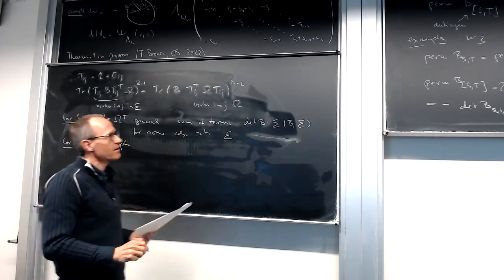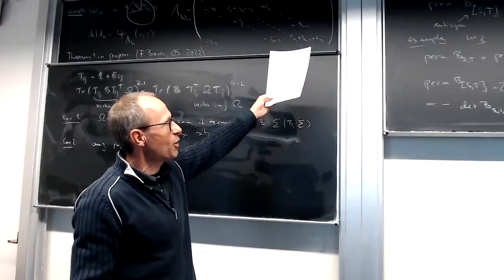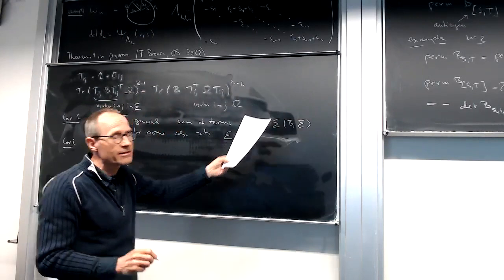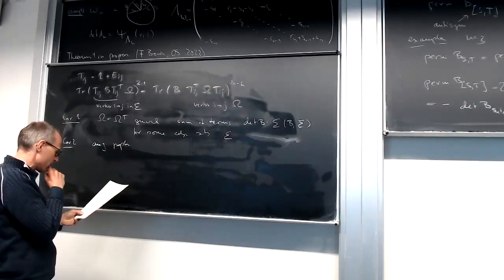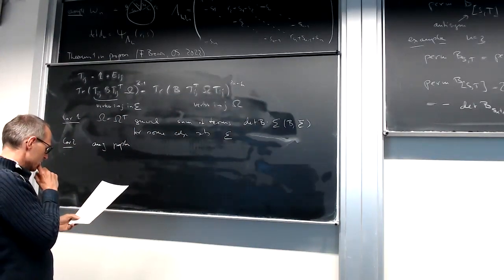we should have said when we had this determinant formula that we have to take the trace at some stage, which simplifies a bit. It does not really change the structure.